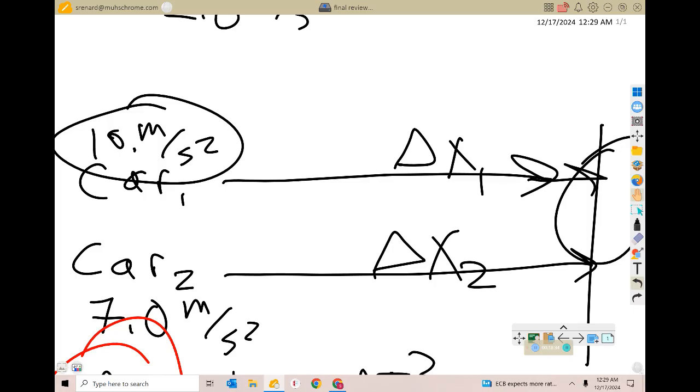The numbers are a little bit different. The acceleration numbers are different, but the process is the same. Here we have car number 1 accelerates at 10 meters per second squared. Car number 2 accelerates at 7 meters per second squared.